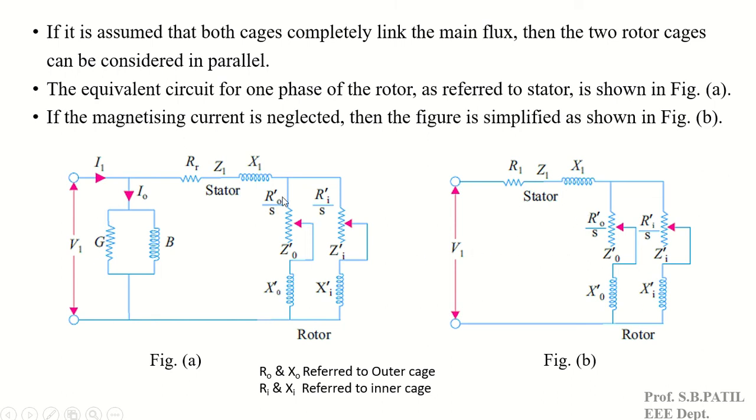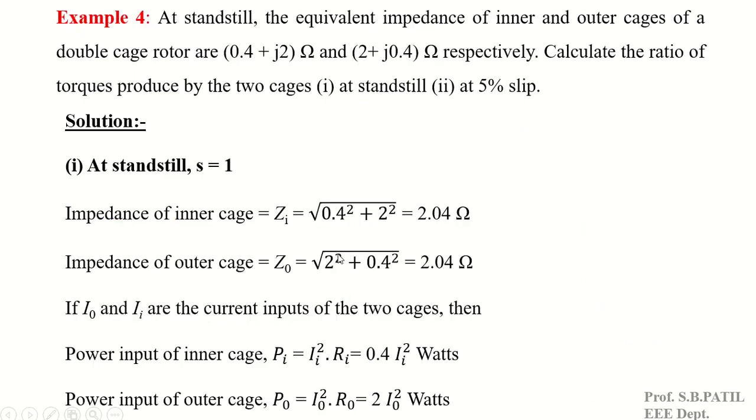Here R0 is the outer cage resistance and X0 is the outer cage reactance, and R'i is the inner cage resistance and X'i is the inner cage reactance.